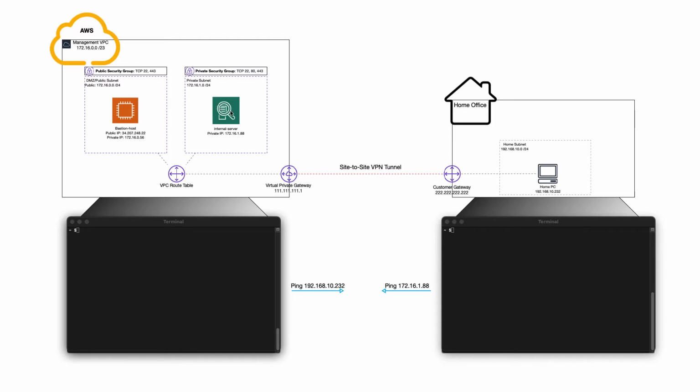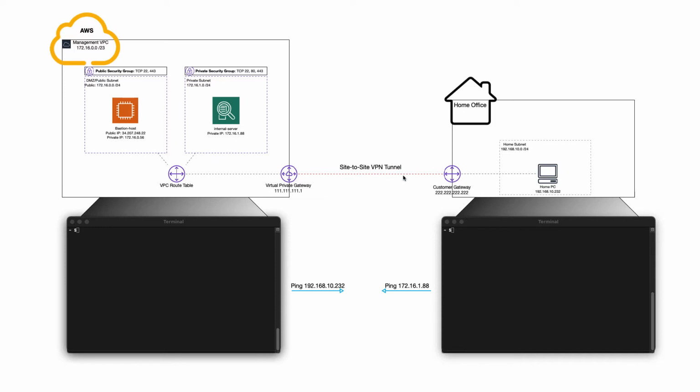In this private subnet, you have the internal server with a private IP address of 172.16.1.88. And then you have a representation of a VPC route table. Again, we'll cover what that is when we get to the AWS VPN configuration, as well as the virtual private gateway. And this red dotted line is representative of the site-to-site VPN tunnel between the two.